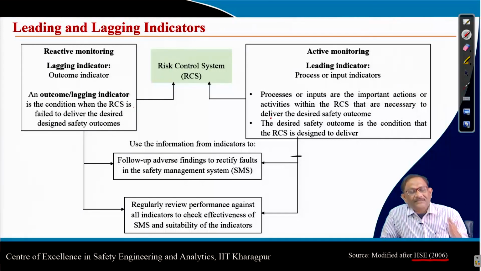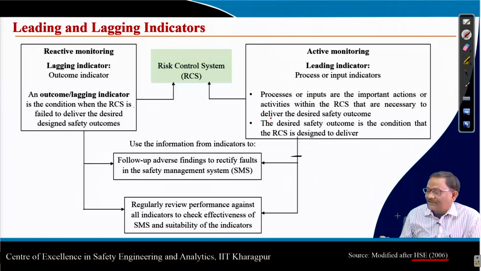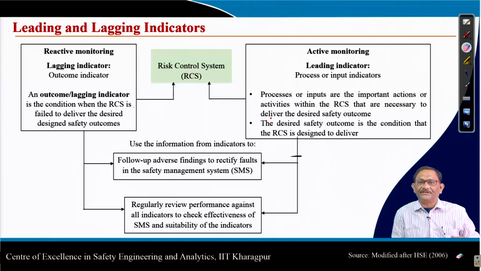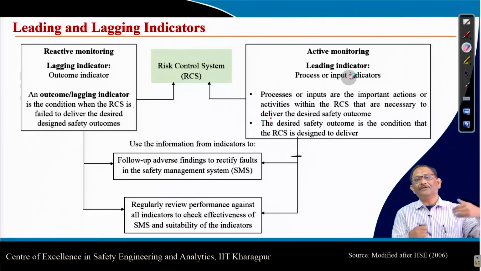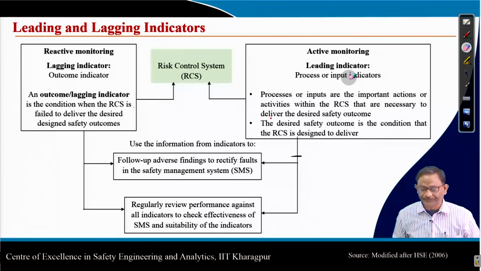As in the safety and risk domain, the undesired parts are easy to understand and capture. So I made this change, but there is no hard and fast rule that you have to follow the change I made. You may follow HSE 2006, the way they have defined it. Ultimately, whatever way you define these lagging indicators, there should be a set of useful lagging indicators.